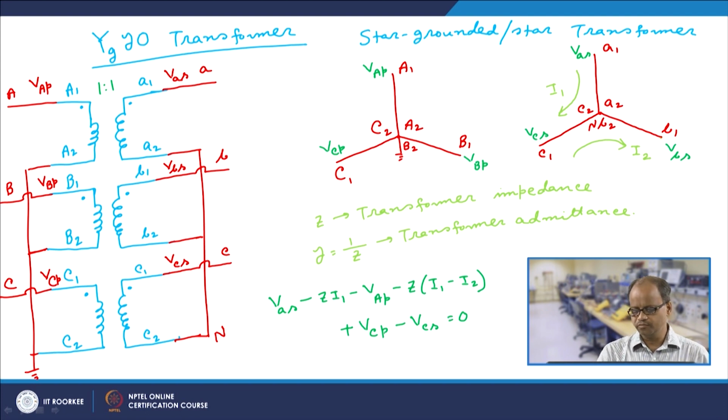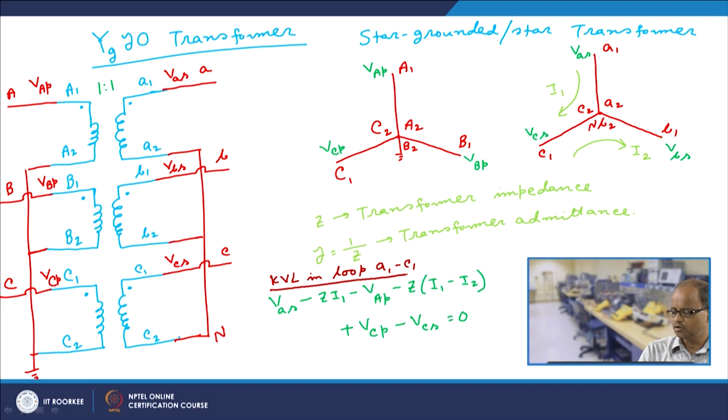So we will get VCP and then of course the drop VCS. So, this is the equation. We should actually write that as KVL in loop A1 C1. So, we are writing KVL in loop A1 C1.